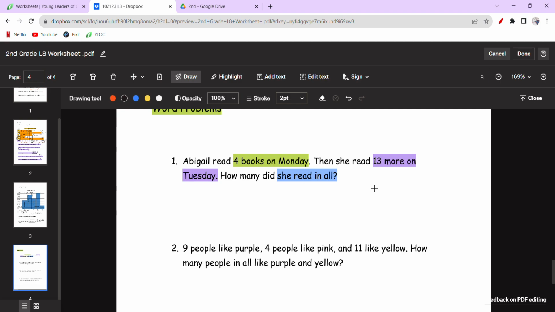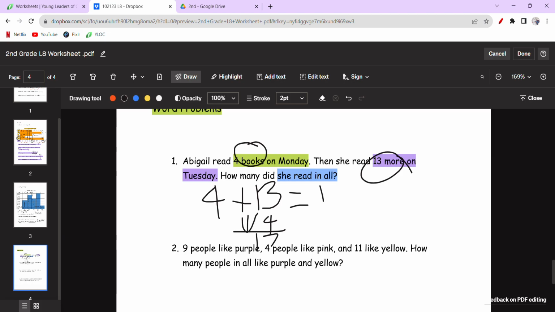So she reads 4 books on Monday and then 13 more on Tuesday. You're just adding. They want us to know how many she read in total, which will be 13 plus 4, which will equal, bring the 1 down, 17. So it will be 17 books in total.